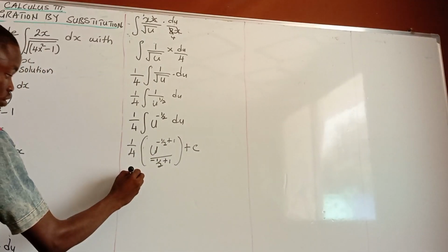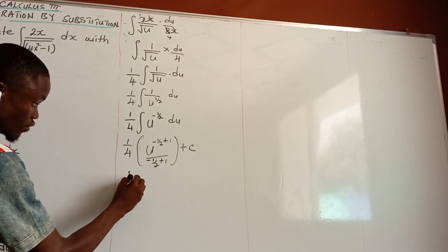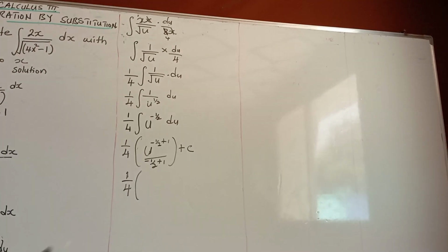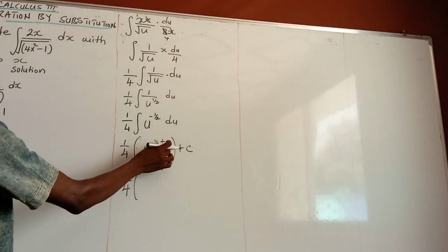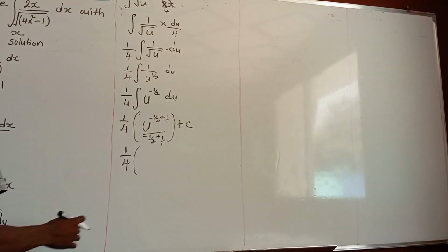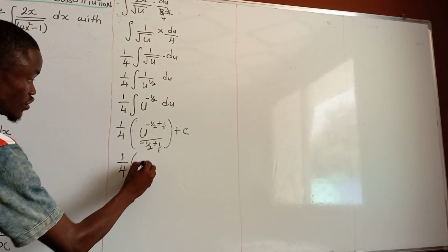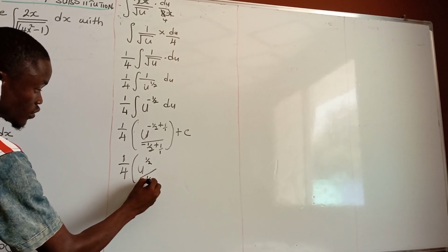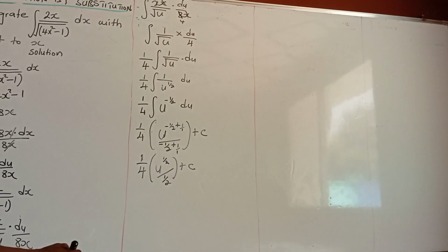C. So you say 1 upon 4 into, now this has a denominator of 1, this also has a denominator of 1. So when you use your fractional concept, if you find the LCM, the whole of this will give you u raised to the power 1 upon 2, all divided by 1 upon 2, plus C. Do we get the concept?